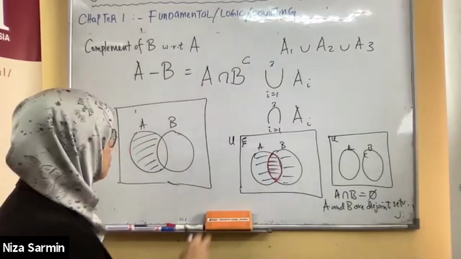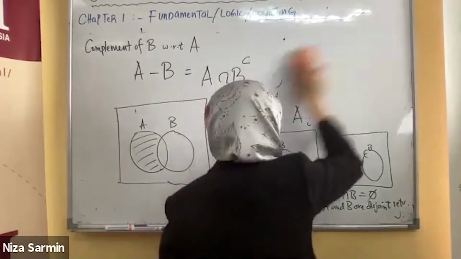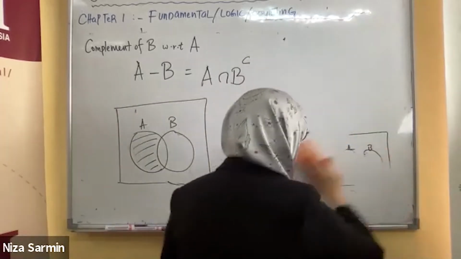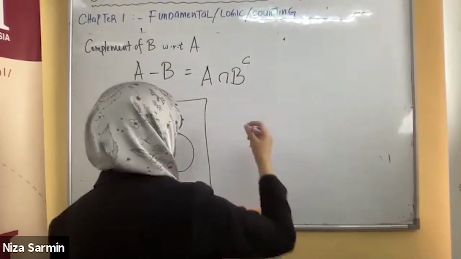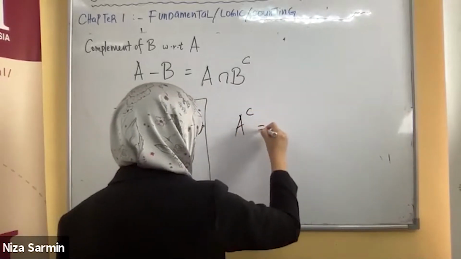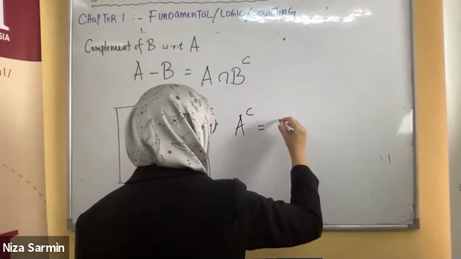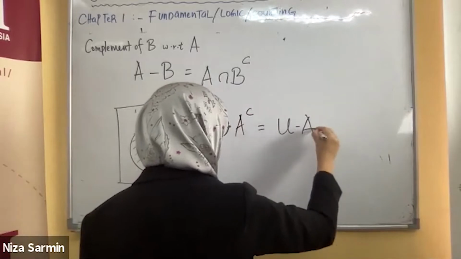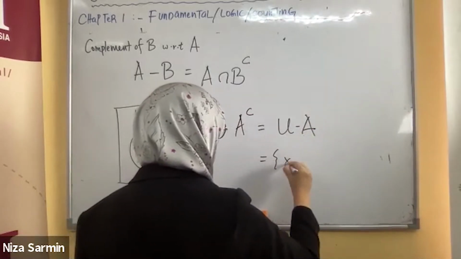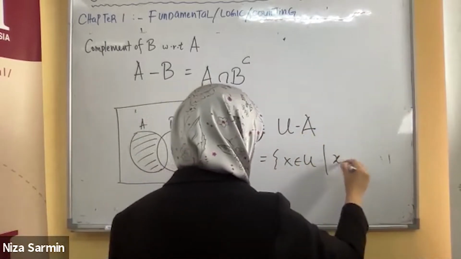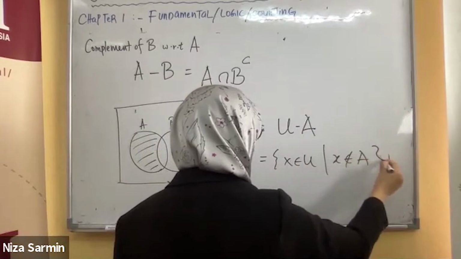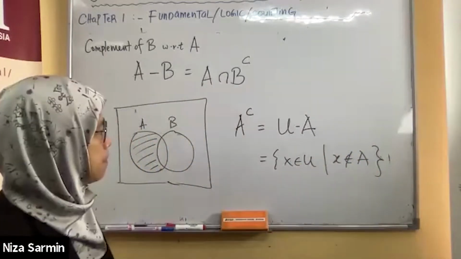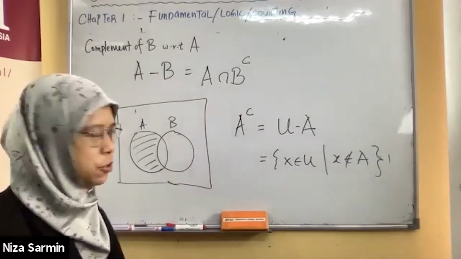What is complement? A complement is U minus A. X in U, X is not in A. You learn this in set logic, right?